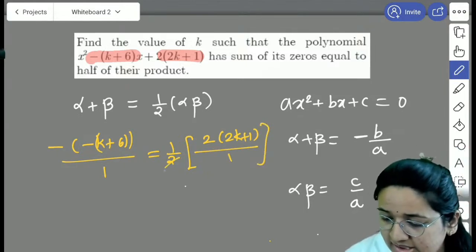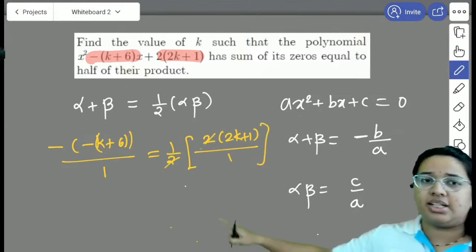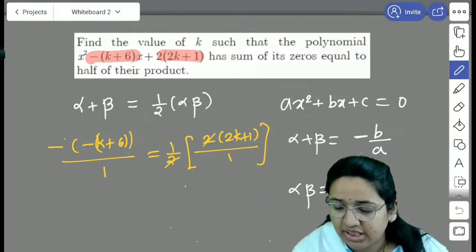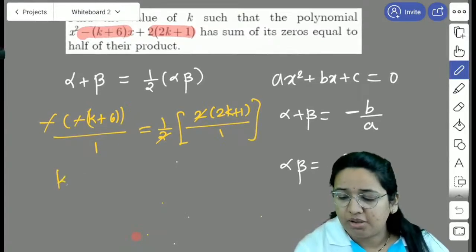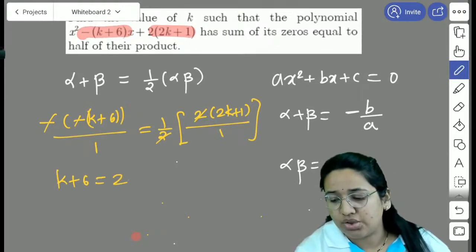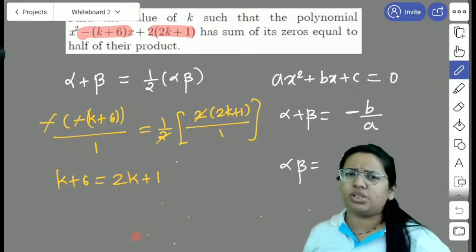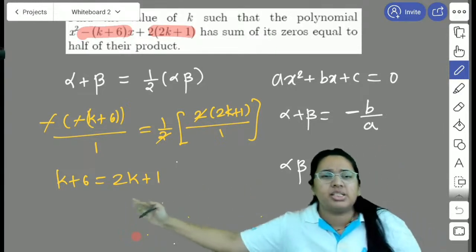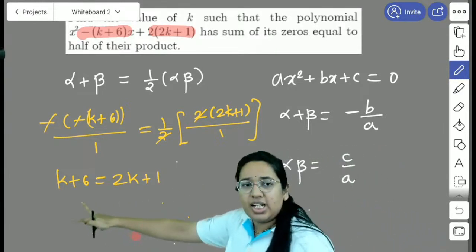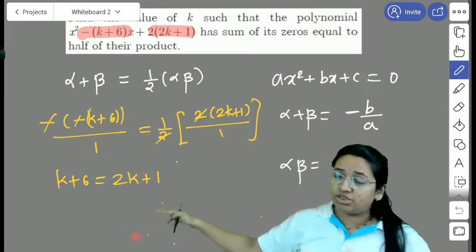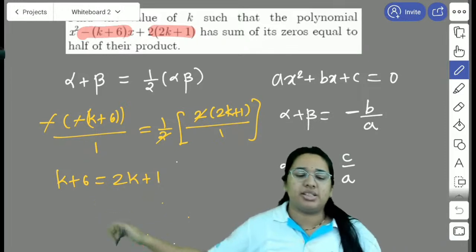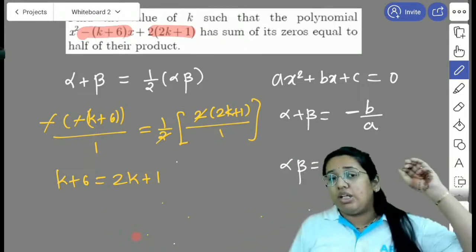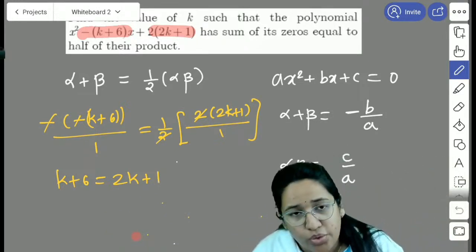So first thing I can say here, 2 will get cancelled as well as minus of minus will get cancelled. So you will get k plus 6 equals to 2 times of k plus 1. So you just have to equate this. The k on the LHS will go to the RHS, and so it will be 2k minus k and the LHS will be 6 minus 1. So we can say that the value of k is equal to 5.